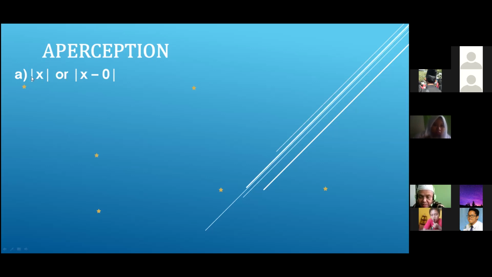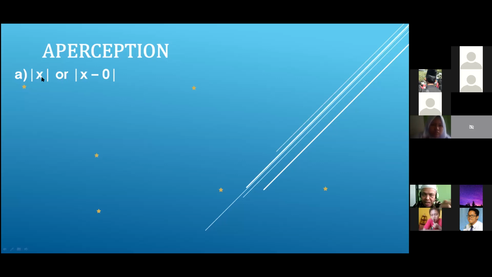The absolute value of x can be taught as the distance of x to 0. We also can say absolute value of x minus 0. Let me remind you about absolute value by using the concept of distance.